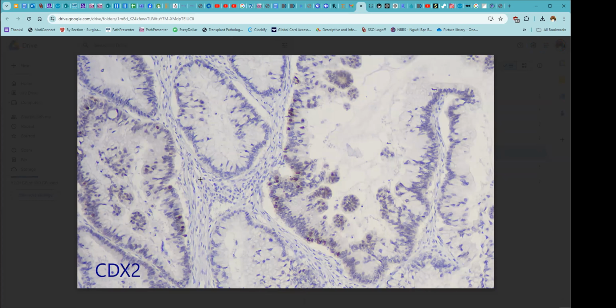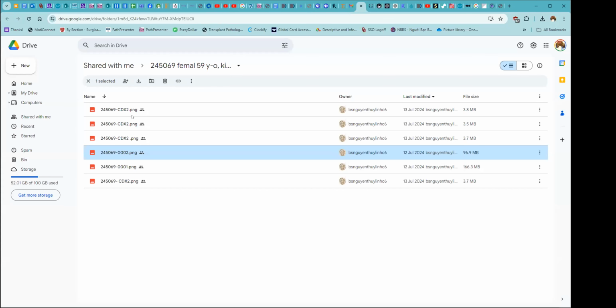Now, of course, this still could be from a site like the appendix or maybe upper GI tract. Certainly, there are some pancreatic neoplasms that can have this type of positivity.